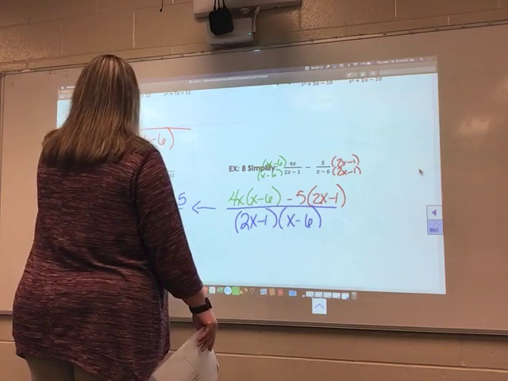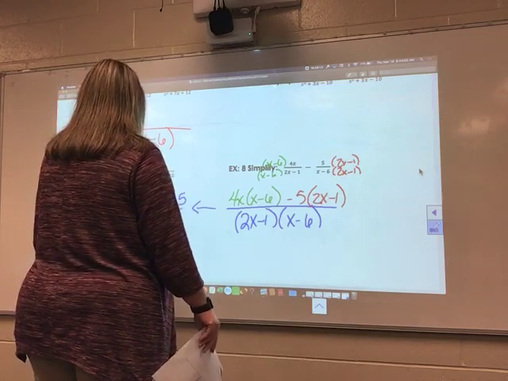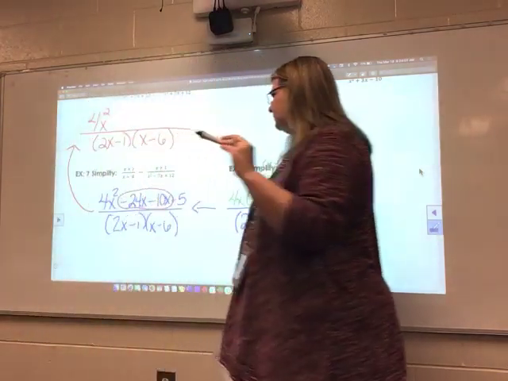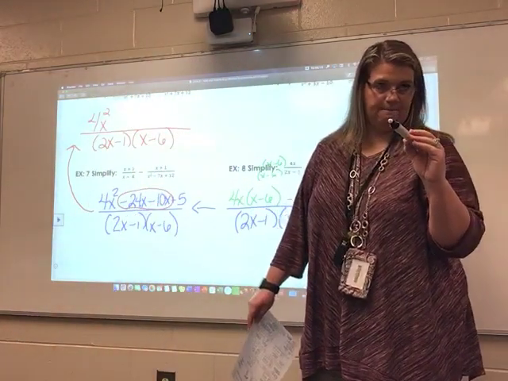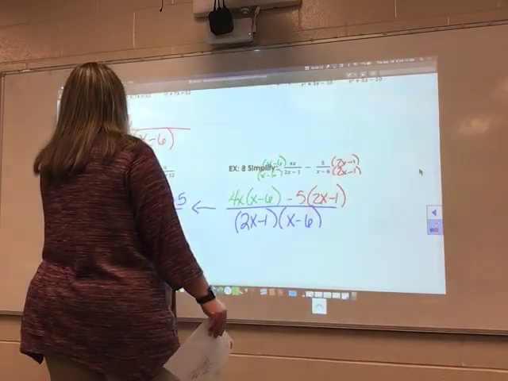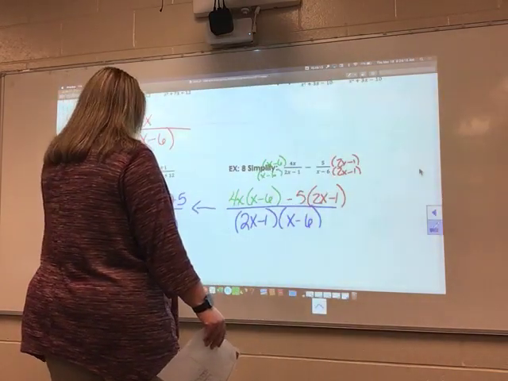My 4x squared stays, and now to bring my negative 24x and negative 10x, what does that give me? Negative 34x, and then the positive 5.